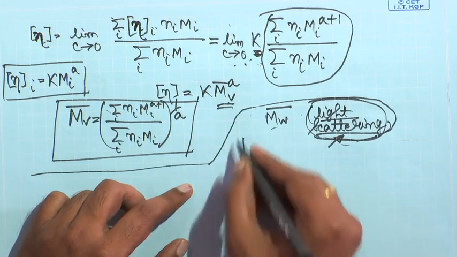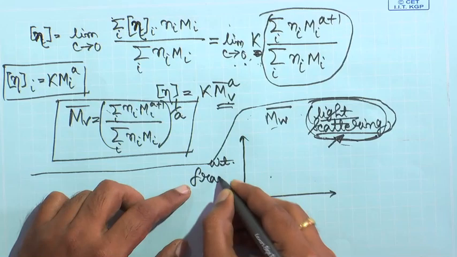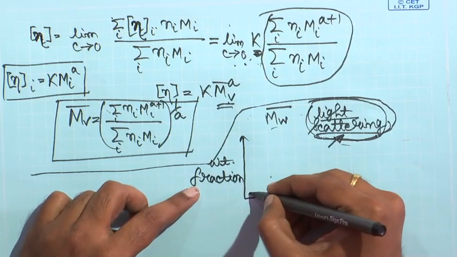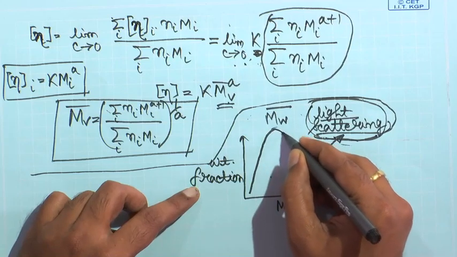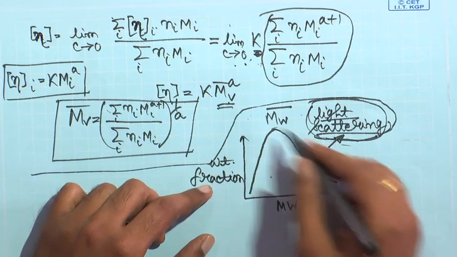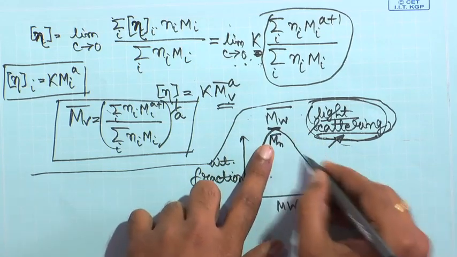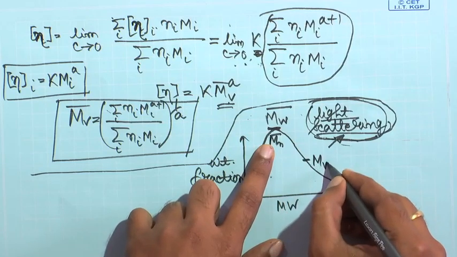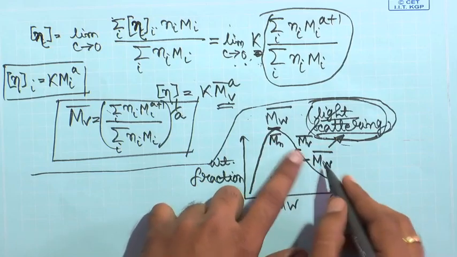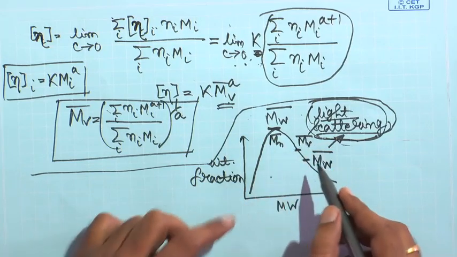Now, let us see, if you are plotting weight fraction on the y axis versus molecular weight on the x axis, the kind of distribution that you typically get is something like this. You want to know this full distribution. Mn is somewhere here, the number average molecular weight, Mw will be somewhere here, and Mv will be somewhere in between, 20 to 30%, sometimes 10 to 20% lower than Mw.